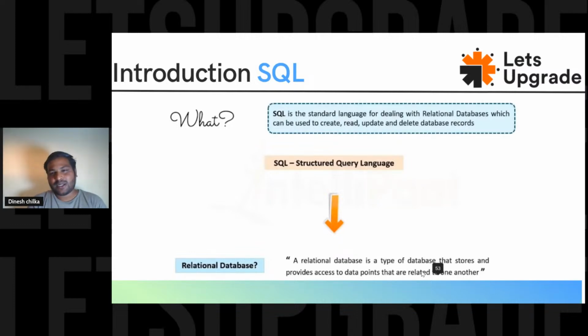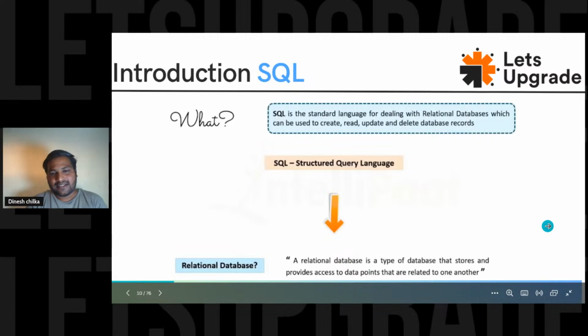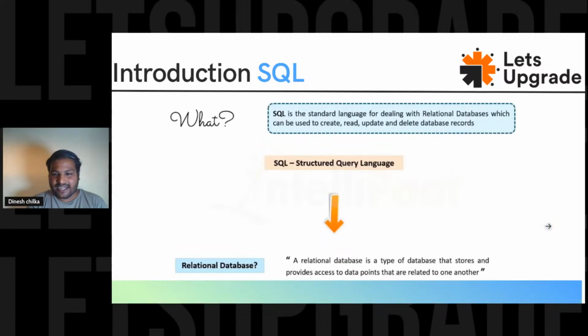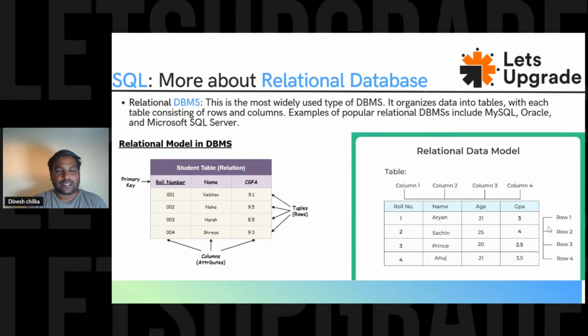Now, let's try to understand what a relational database is and how exactly it works. A relational database is a type of database that stores and provides access to data points that are related to one another. Let's suppose SQL. Now, this is the most widely used type of DBMS. It organizes data in tables.